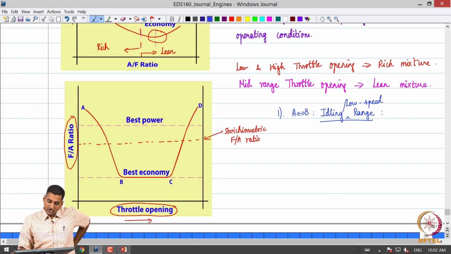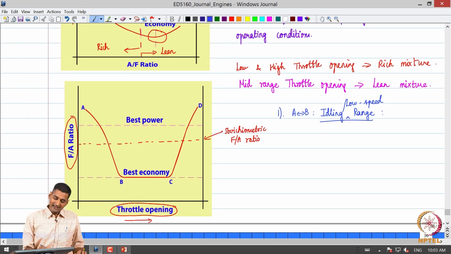What is this idling range? Suppose my car is parked at a signal. The vehicle is not moving, but the engine is idling at some low RPM, and we need to ensure that the combustion process is sustained in the engine so that I can pick up anytime I want.